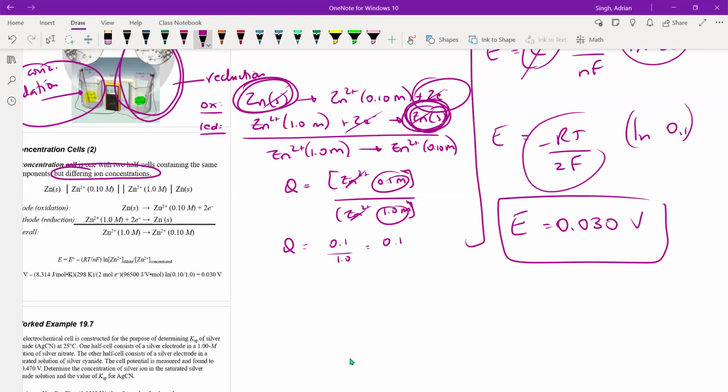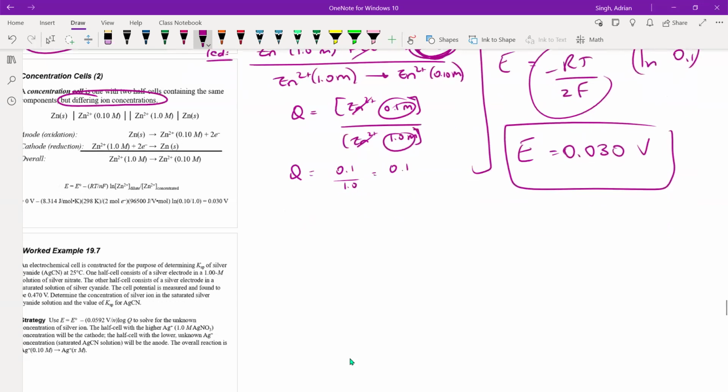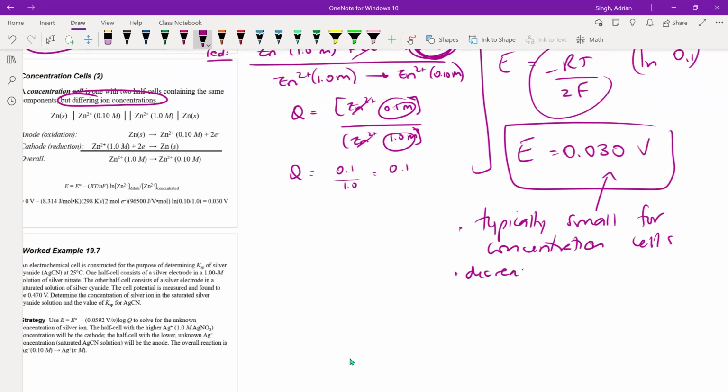So we can use that equation. Like I said, the cell potentials for concentration cells are typically small, and they decrease continually until the concentrations in both cells equal each other or approach each other.